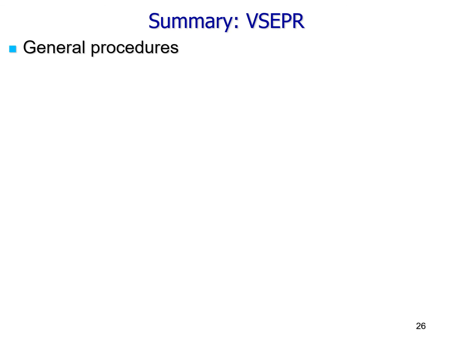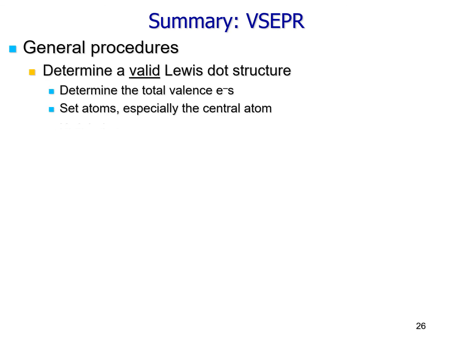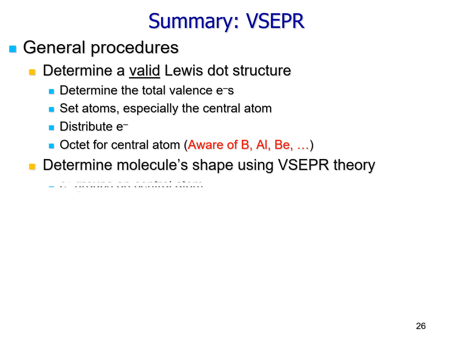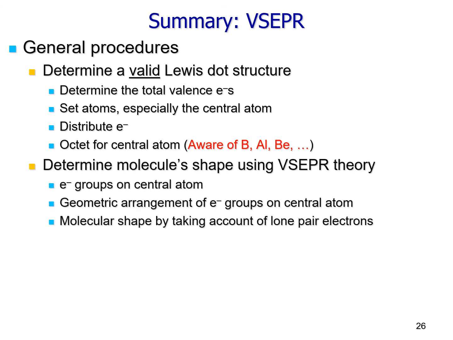As a summary for everything, especially something involving VSEPR, we understand the general procedure we write for a Lewis structure. So here I give you the layout of the steps in writing a Lewis structure. Remember, that is the fundamental. And we're going to need VSEPR theory to determine the molecular shape.